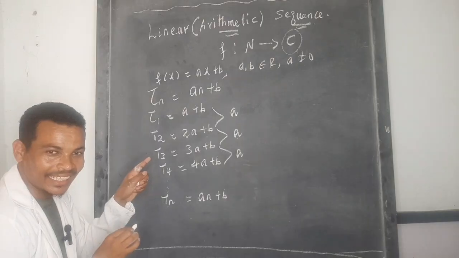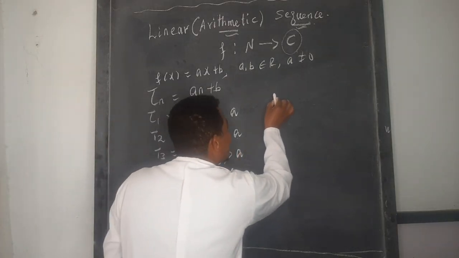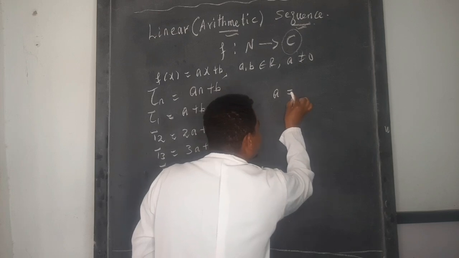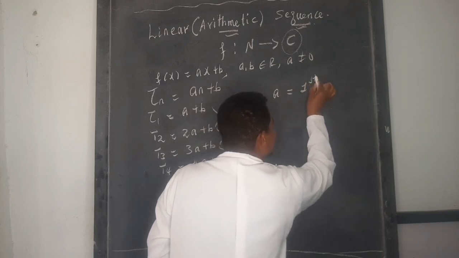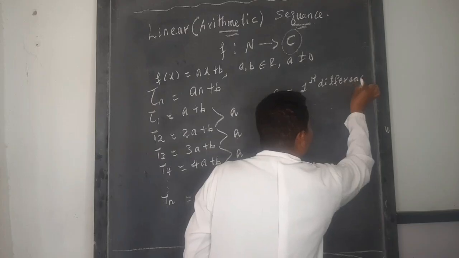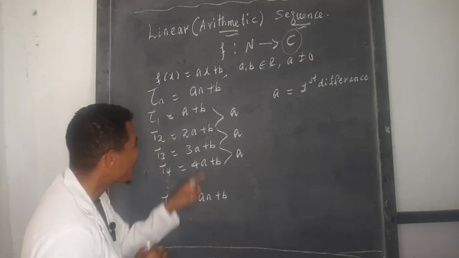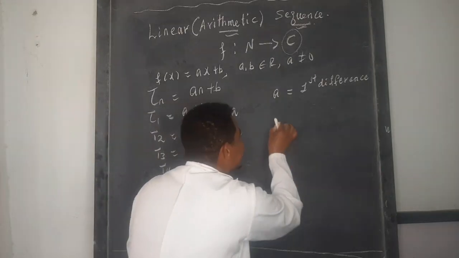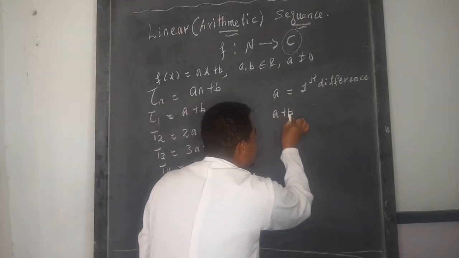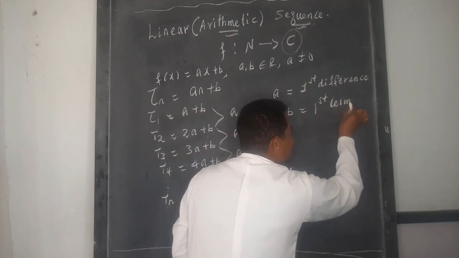So from this, what do we conclude? a is equal to the first difference. A is the first difference and a plus b is the first term. A plus b is equal to the first term.